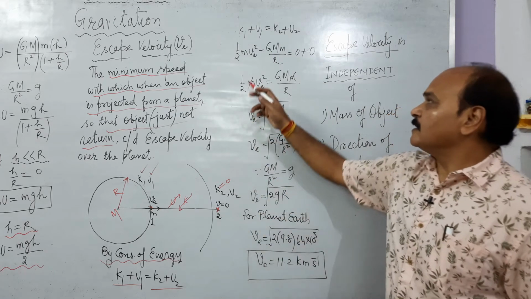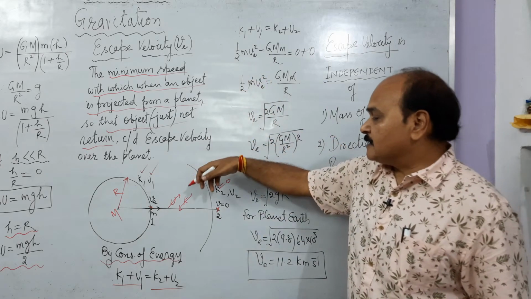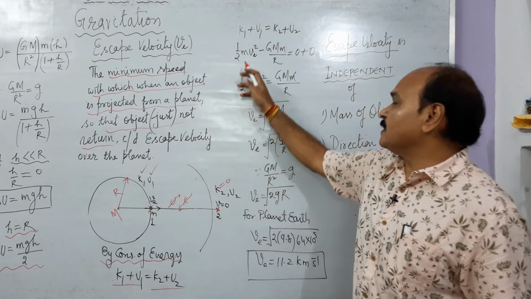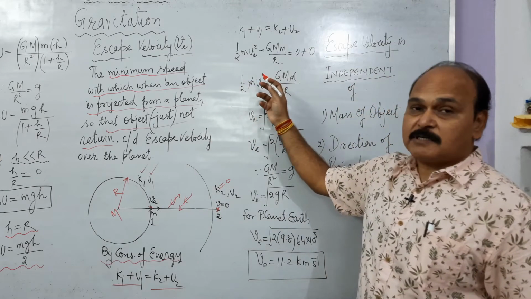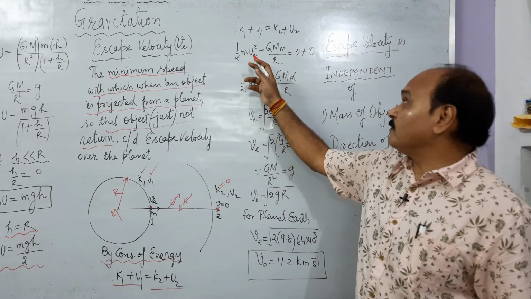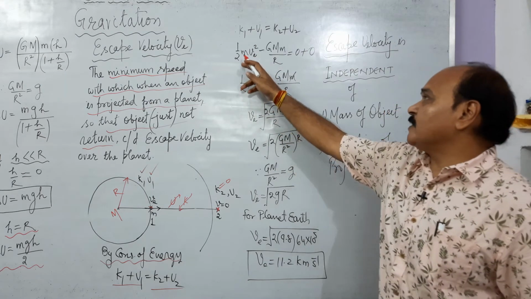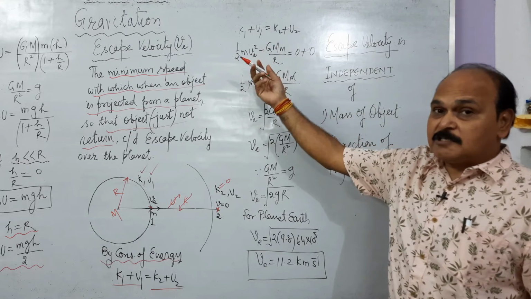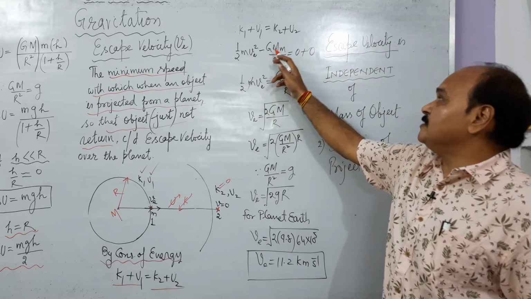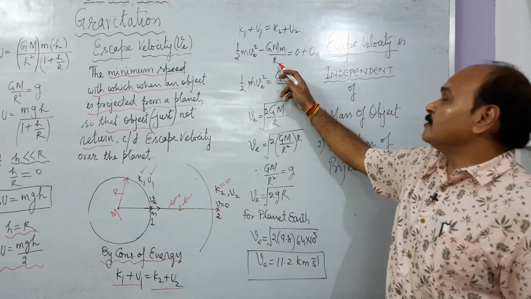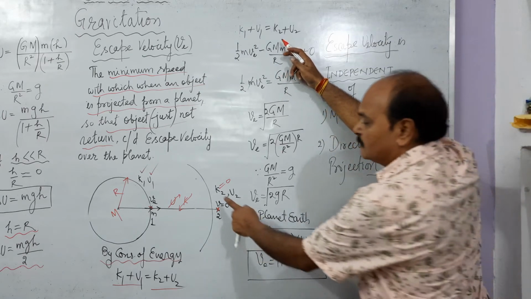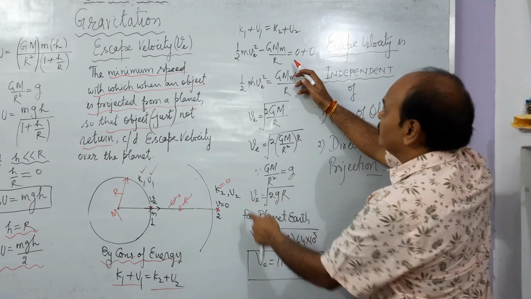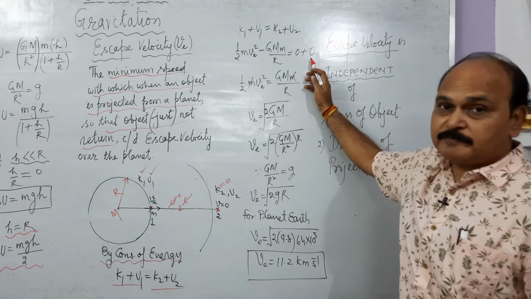What is K1? The speed is the escape velocity, VE. So kinetic energy is 1 upon 2 m VE square. This is the kinetic energy over the surface of the planet, and potential energy over the surface of the planet is minus GMm by R. What is kinetic energy finally here? Kinetic energy finally becomes 0. And what about potential energy? Potential energy also becomes 0.